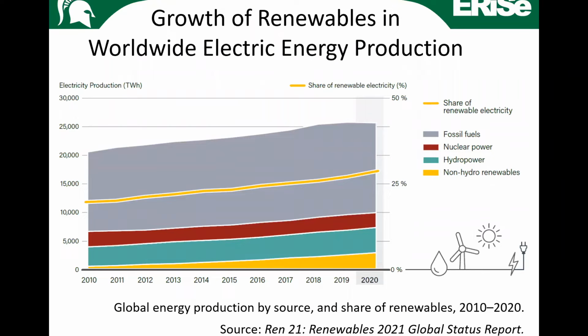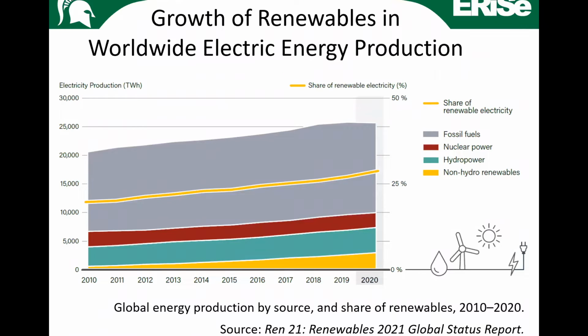So I'm going to start talking about the growth of renewables and point certain things out to you folks. This is how renewables have grown in the last 10 years. I wasn't able to find enough comprehensive data since 2020, so I'm sticking to the 10 years that ended in 2020.